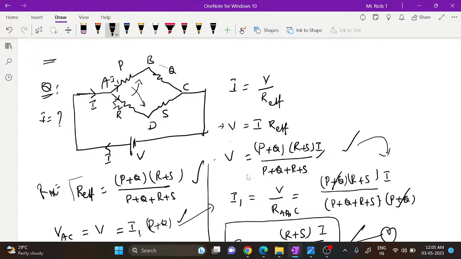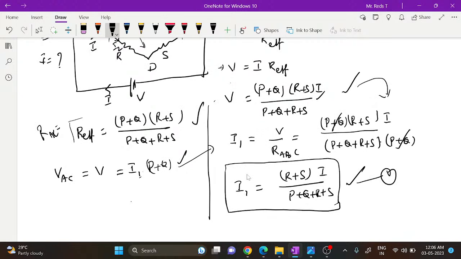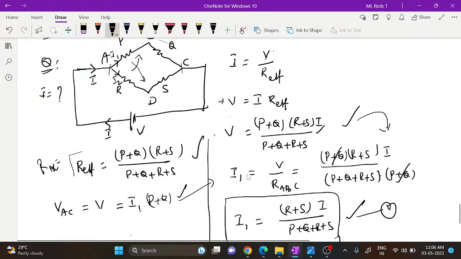Here V equals I into R effective, which is (P plus Q)(R plus S) by (P plus Q plus R plus S) into I. That gives V, which is V across A and C. If you want to know I1 in terms of total current, substitute this V here and you get the total current. From Ohm's law, I equals V by R effective, but I1 is nothing but the potential drop across this divided by that resistance.